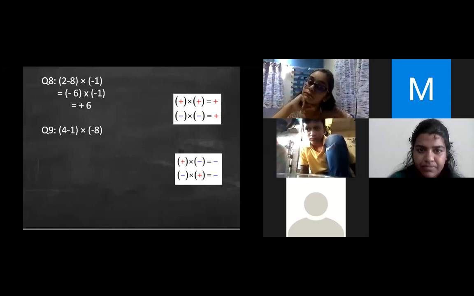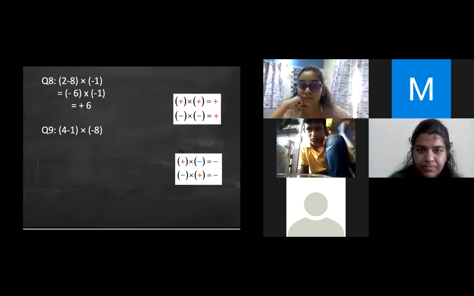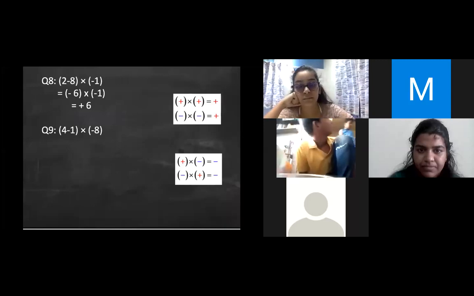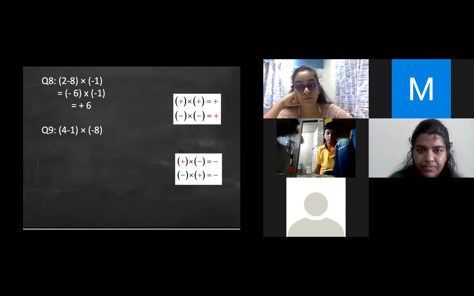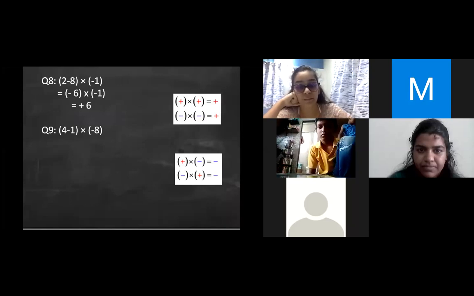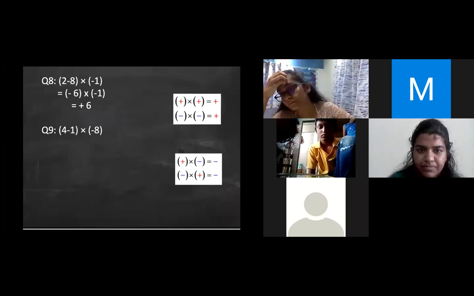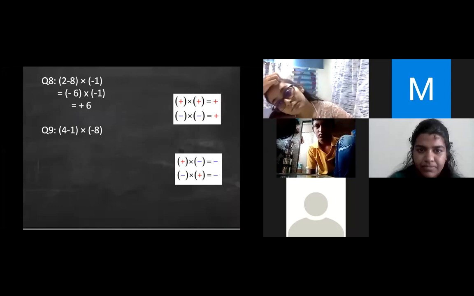How are you getting a minus 3? 4 is positive. You are subtracting 1 from it. So what will your answer be? Will it be a positive number or a negative number? Positive.